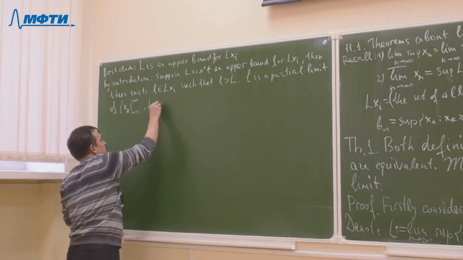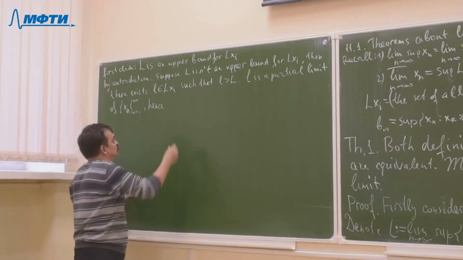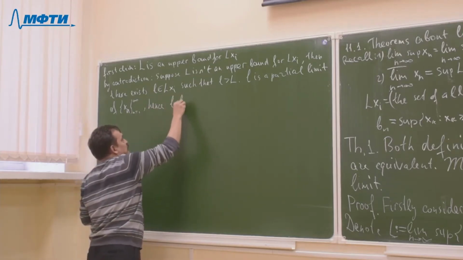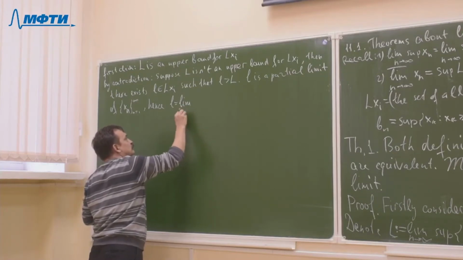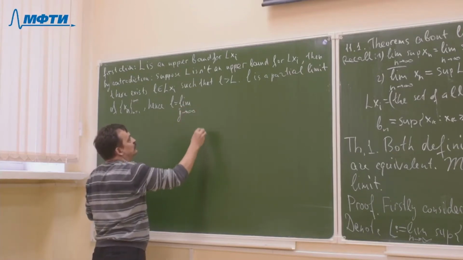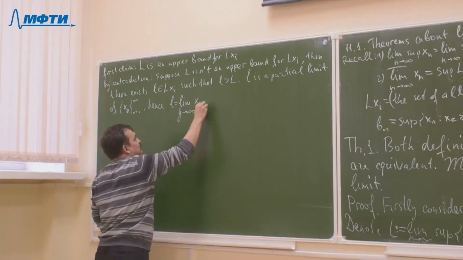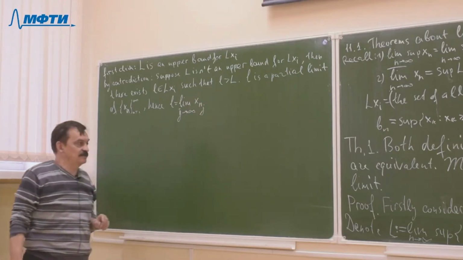Hence we may write l is the limit as j tends to infinity of x_{n_j}.